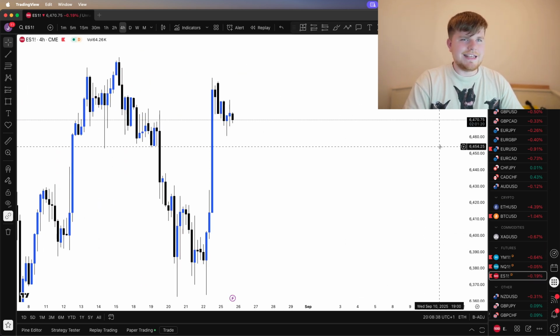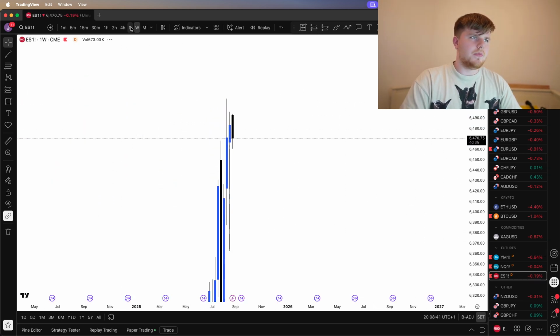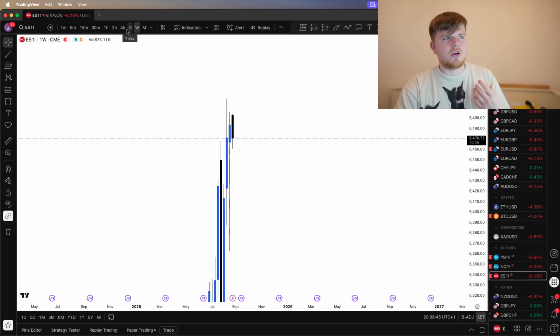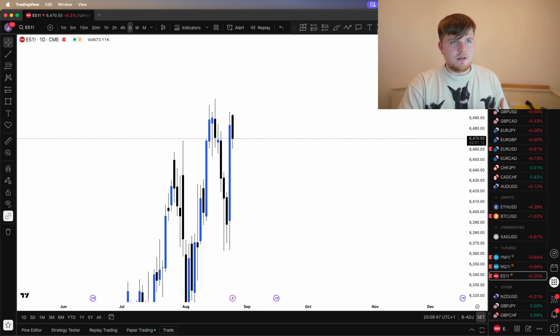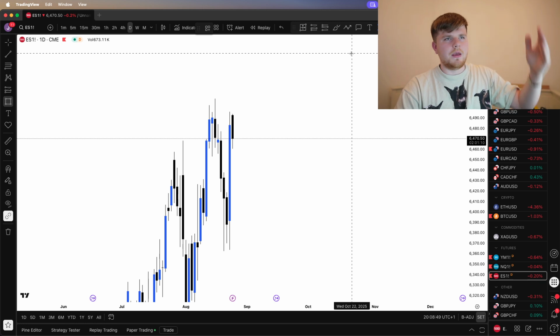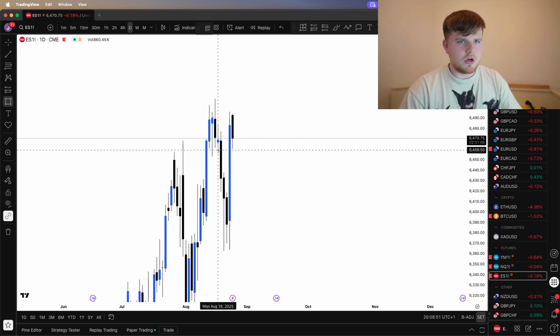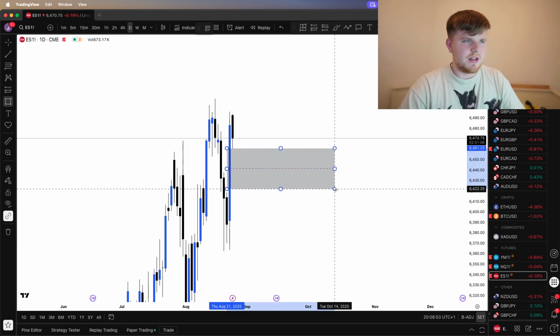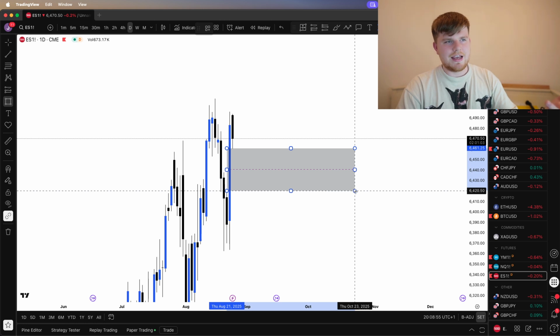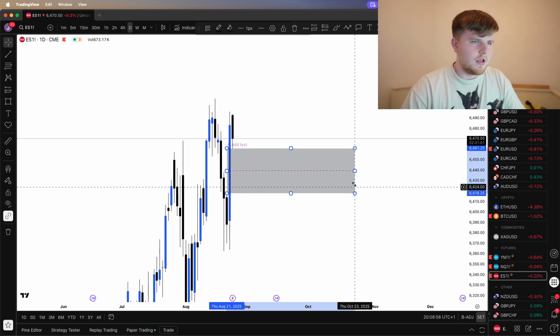ES, so this is the S&P 500. The weekly is the same. You will notice that these are quite similar pairs, because obviously it's all based on stocks. There are different groups of stocks, but they are always very, very similar. That's why people look for divergence on ES when they trade NQ and stuff like that.